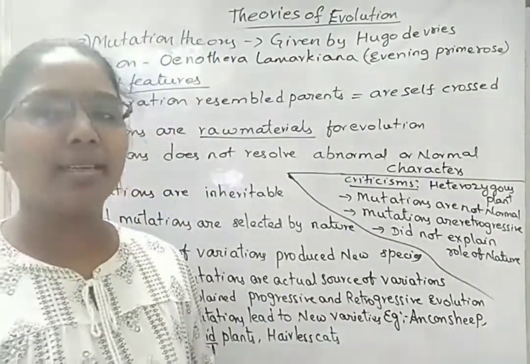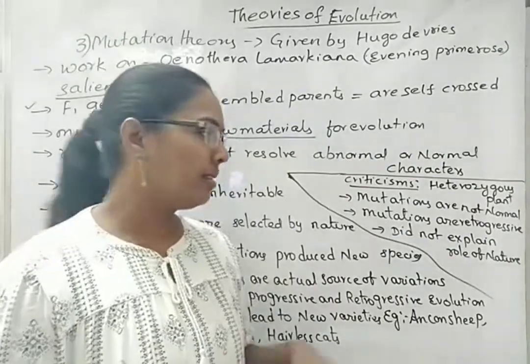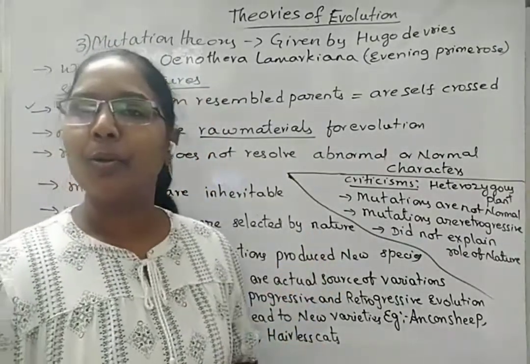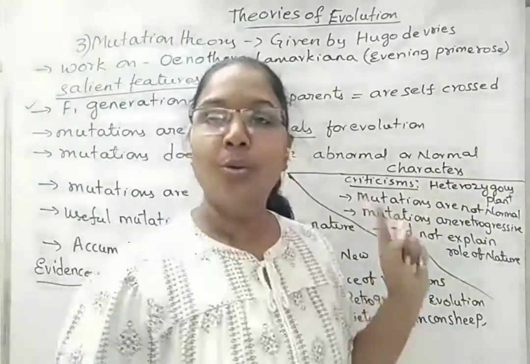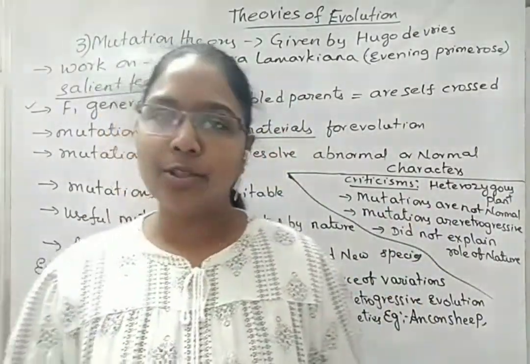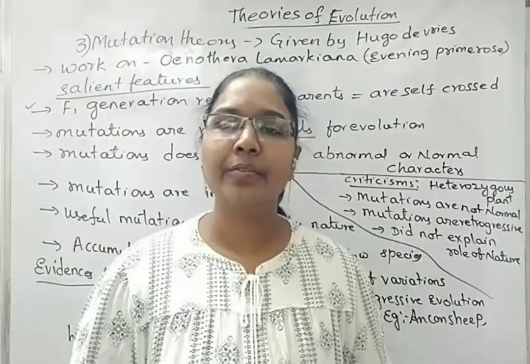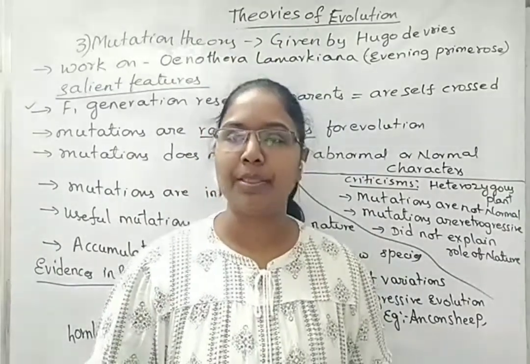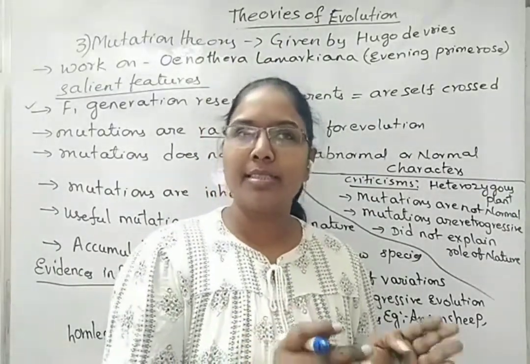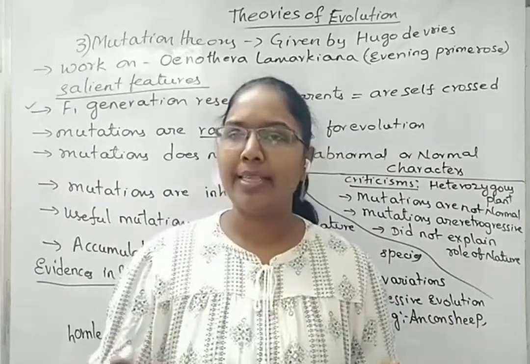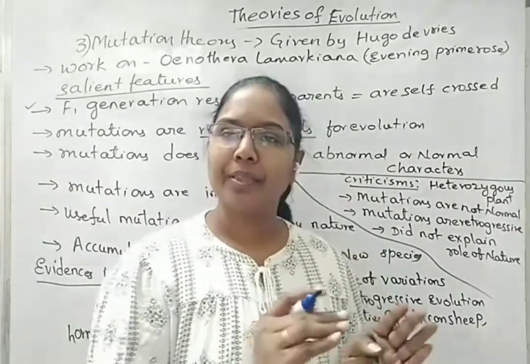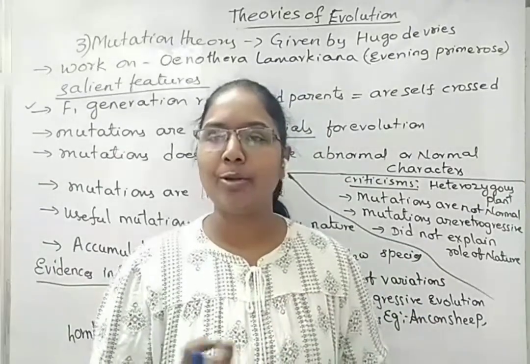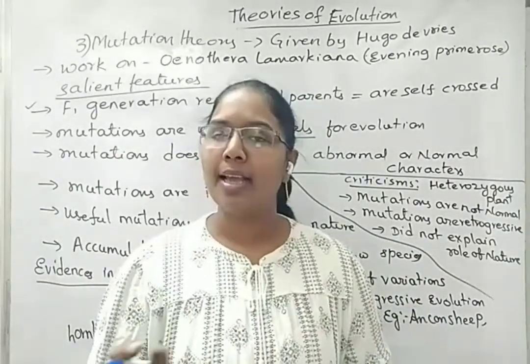These are a few examples, salient features and evidences of Hugo de Vries' mutation theory. Still, there are some criticisms not accepting Hugo de Vries' mutation theory. What are those? Hugo de Vries took a heterozygous plant, the evening primrose, to explain his concept. This is just like the basic postulates given by Mendel. But Mendel selected homozygous dominant and homozygous recessive plants as parents.